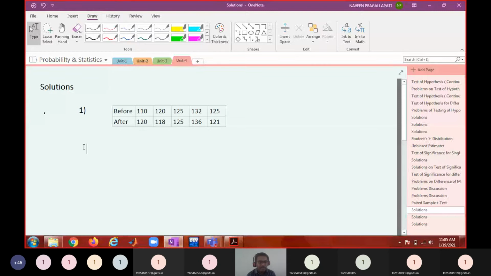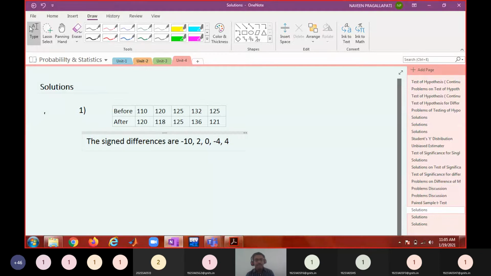So what are the signed differences? The signed differences are -10, 2, 0, -4, and 4.